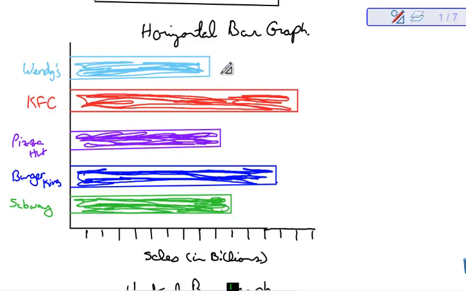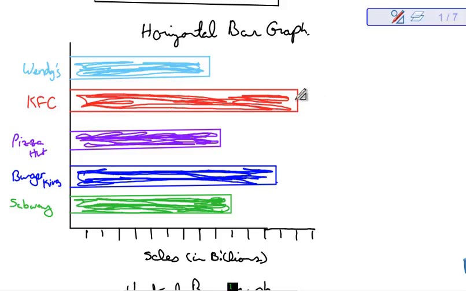So Wendy's had $8.7 billion, and the sales, since it is a horizontal bar graph, are along the x-axis. Make sure that you label your axes. So I've got sales in billions down here. And let's see here, here's 1, 2, 3, 4, 5, 6, 7, 8 billion, and so it's a little over 8 billion, so it's 8.7.